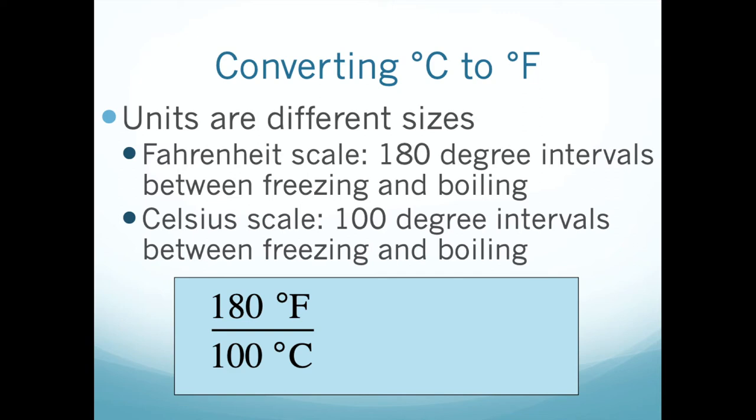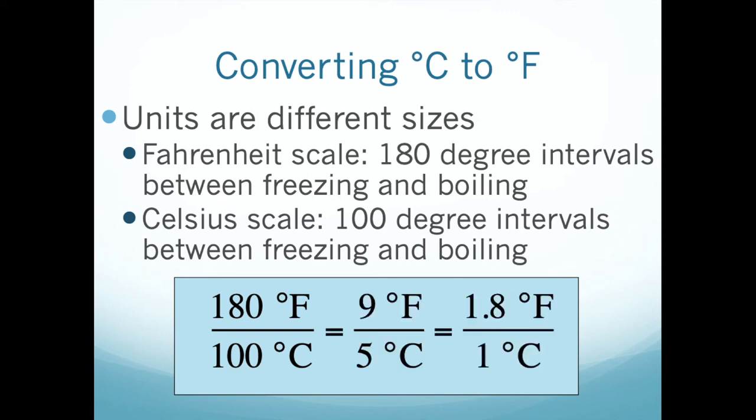So 212 minus 32 is 180. In other words, the size of a degree Fahrenheit is different from the size of a degree Celsius. So if 180 degrees Fahrenheit covers the same as 100 degrees Celsius, that means there's 9 degrees Fahrenheit for every 5 degrees Celsius, or 1 degree Celsius is the same as 1.8 degrees Fahrenheit.